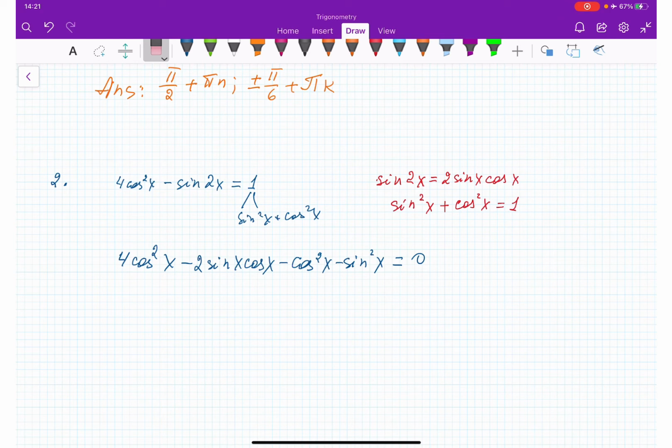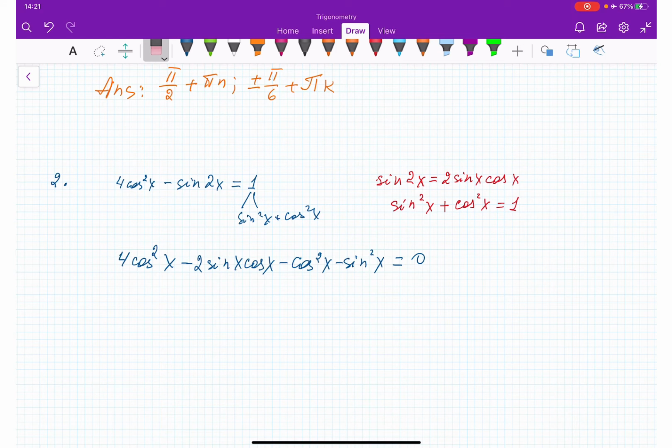So what do I have? I can divide either by cosine square x, because I have cosines and sines, and all of them are squared, and here I have multiplication. So since previously I have used tangent, let's do this one with cotangent.